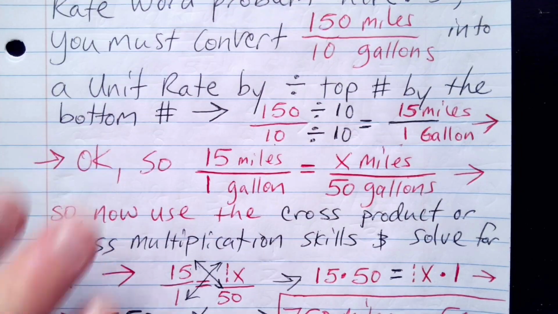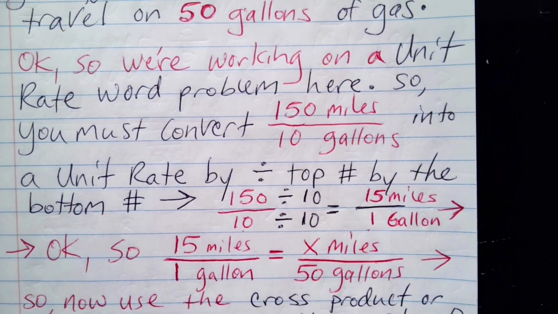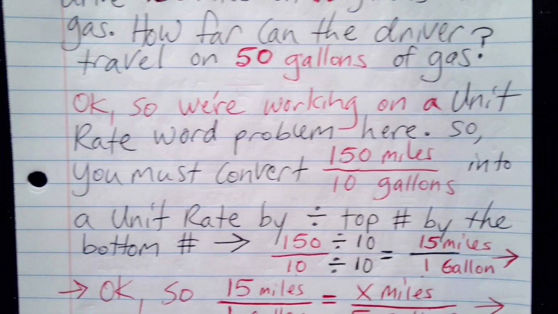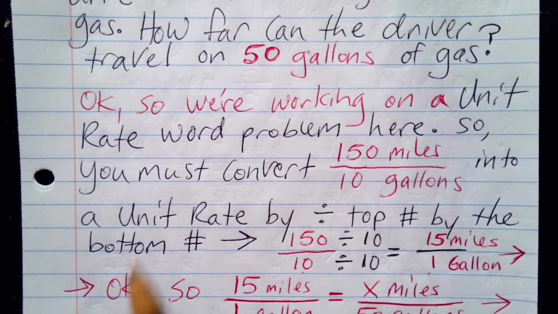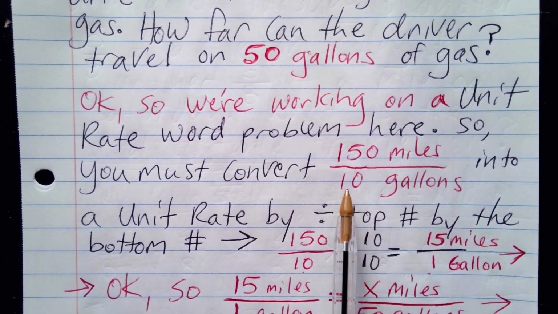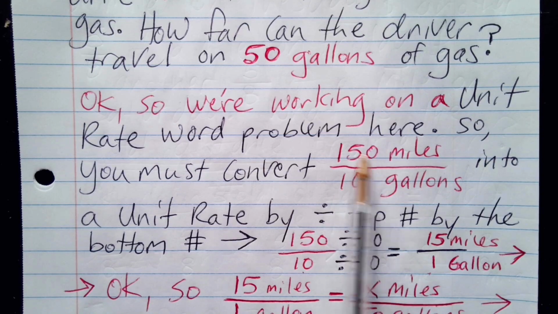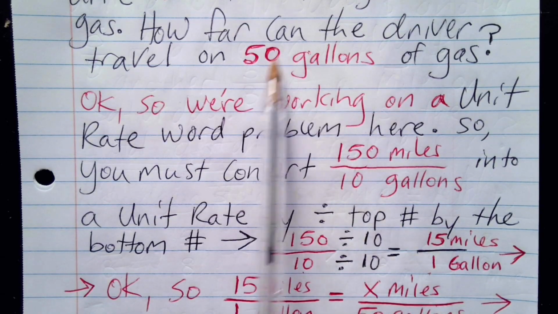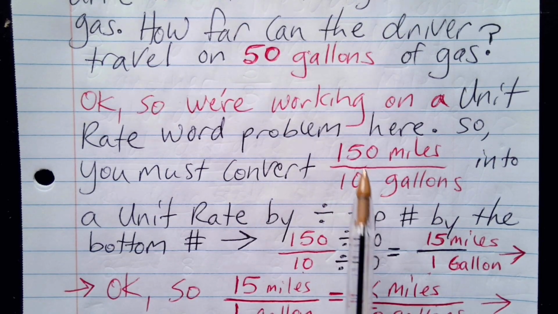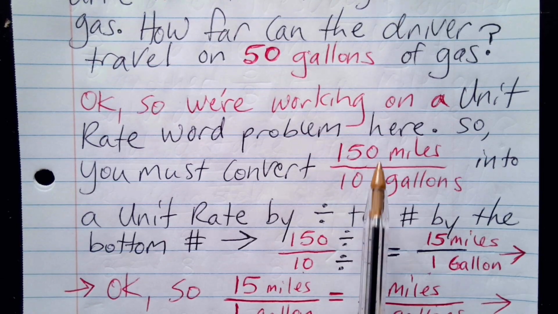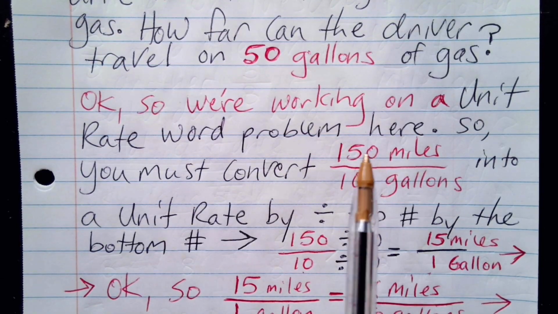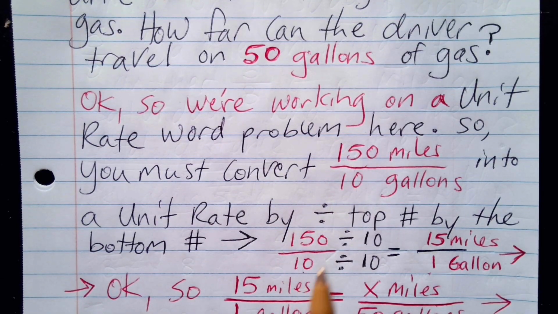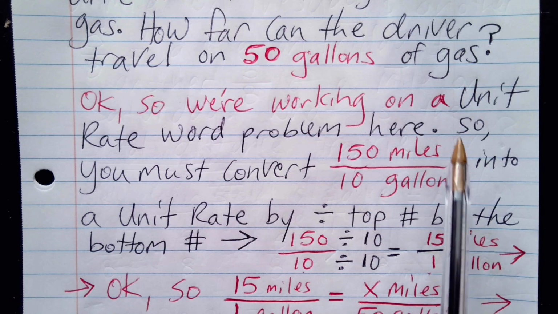So 150 miles. I know that if I multiplied 5 times the 10 gallons, that would give me the 50. But what I do to the bottom, I must also do to the top. So 150 plus 150 plus 150 plus 150 plus 150 is the equivalent to 150 times 5. But yeah, I could have multiplied both top and bottom to get 750.